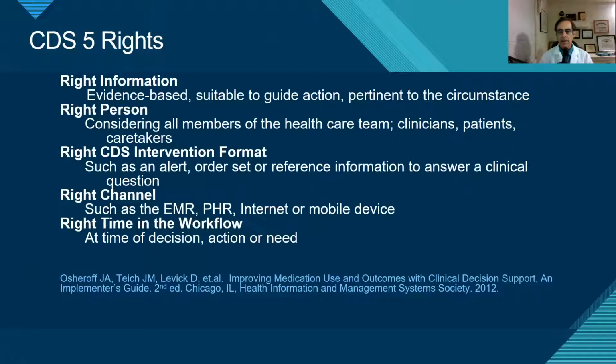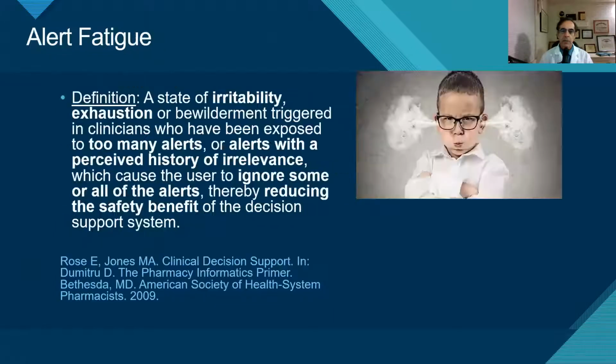If we don't follow the 5 rights of CDS, we end up with something called alert fatigue, which I mentioned in the last episode. Here's a definition: a state of irritability, exhaustion, or bewilderment triggered in clinicians who have been exposed to too many alerts, or alerts with a perceived history of irrelevance, which cause the user to ignore some or all of the alerts, thereby reducing the safety benefit of the decision support system.